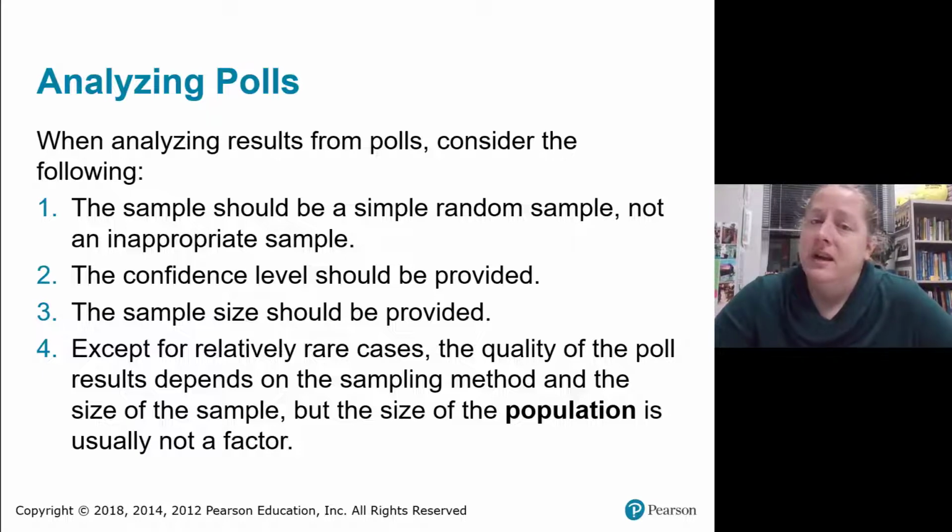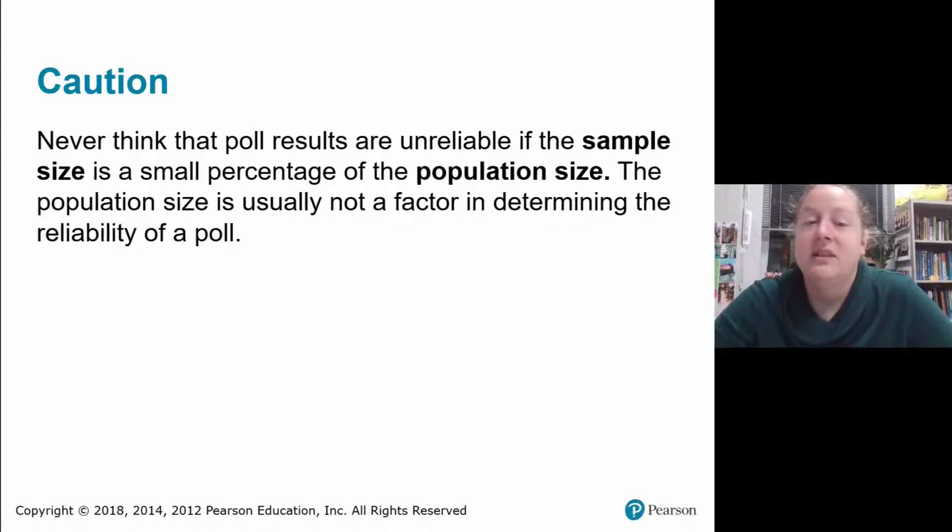All right. Now, except in relatively rare cases, the quality of the poll results depends on the sampling method and the size of the sample. The size of the population is not usually a factor. So it's a mistake to think that because the sample size is a small percentage of the population size, the results of the poll are not valid.